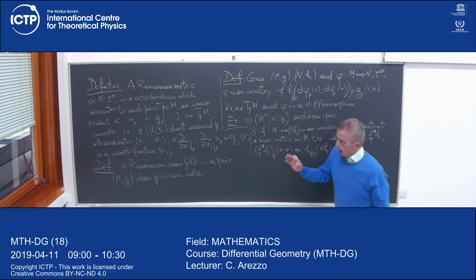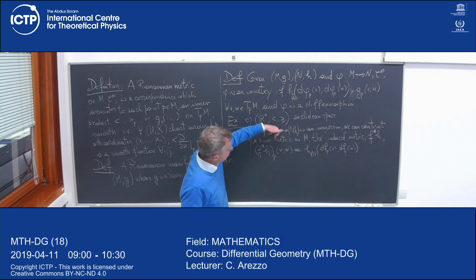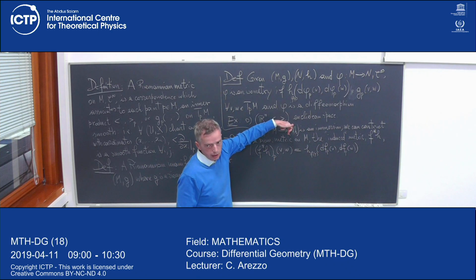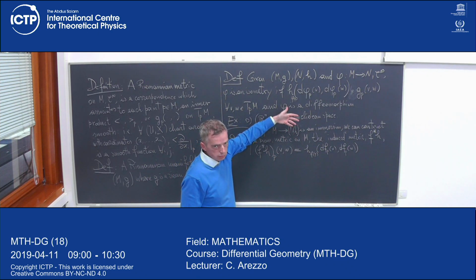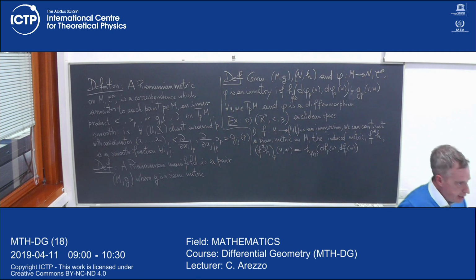Of course, to translate the language, what is the induced metric on a surface in R3? It's the first fundamental form. It's just another way. The word first fundamental form will disappear forever, and it remains the induced metric from the Euclidean space.